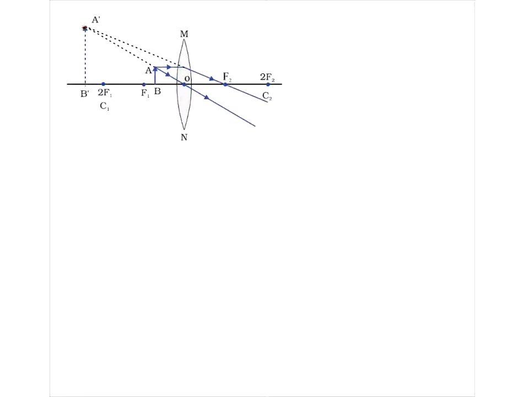Virtual, erect, much larger, on the same side of the object. So after discussing these 6 cases for convex lens, going to concave lens.